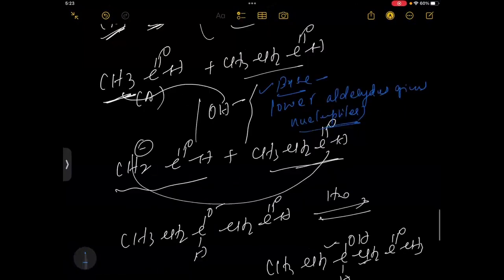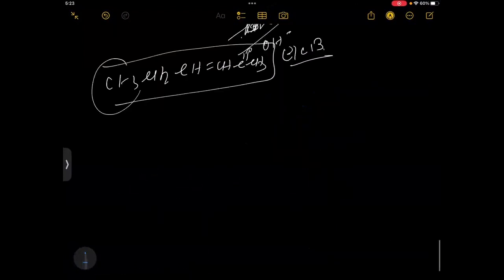But keep in mind, in the presence of acid, what will happen? The higher aldehyde gives the nucleophile.